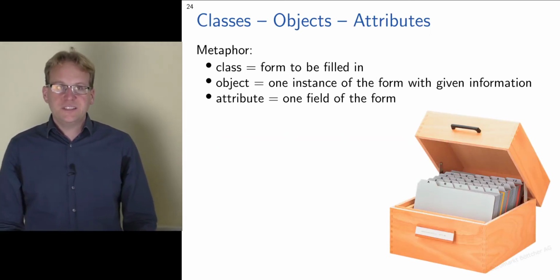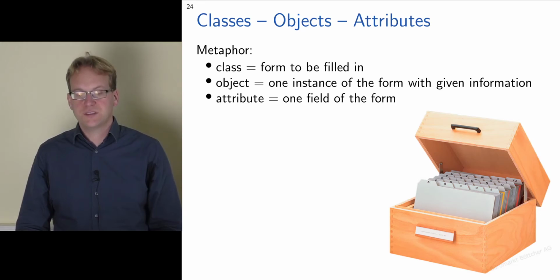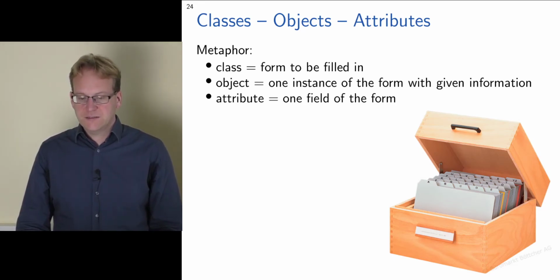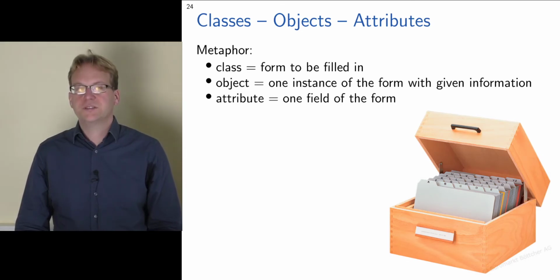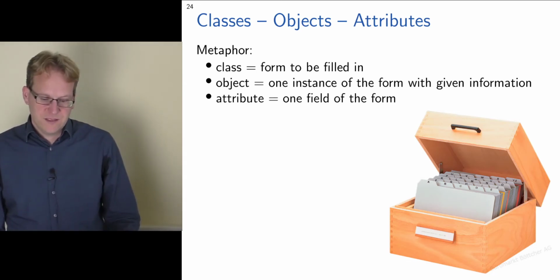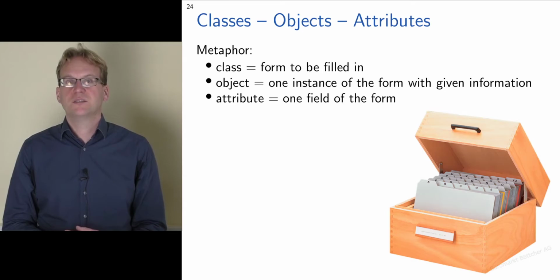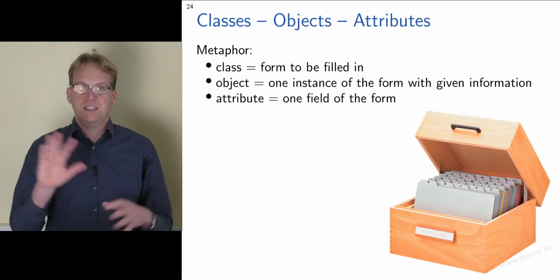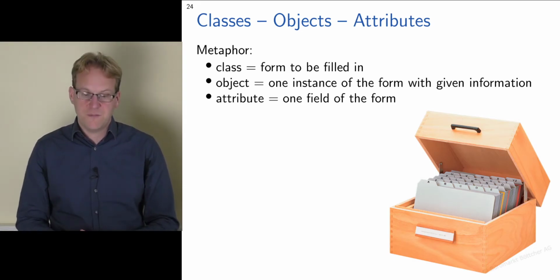These three terms are extremely important: classes, objects, attributes. We should not confuse these terms. And you can think of these three terms according to the following metaphor. Let's think of a paper-based information system. So we are not talking of computers anymore. Let's think of this analog paper-based system.